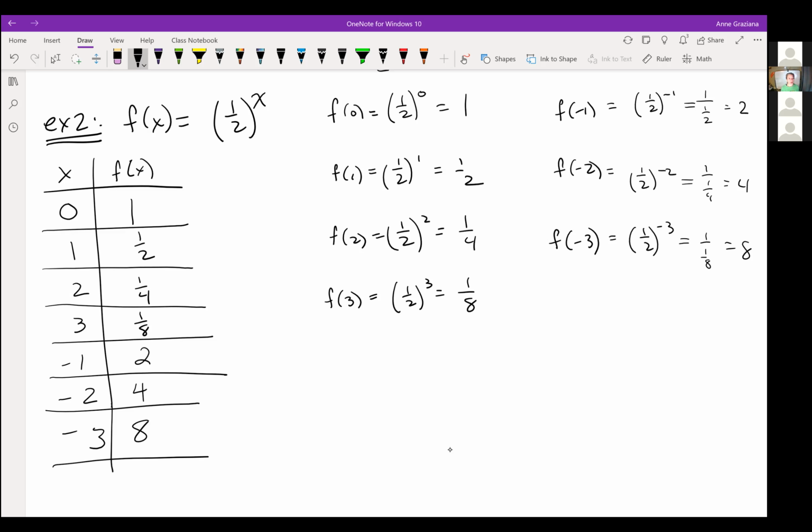You guys can see they're the flips of each other.